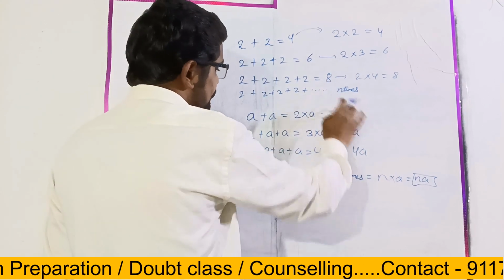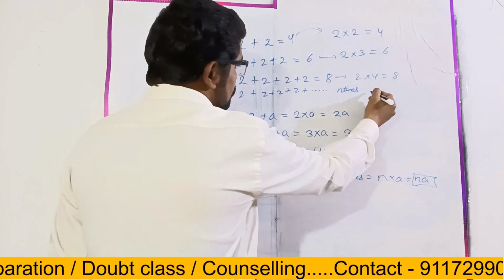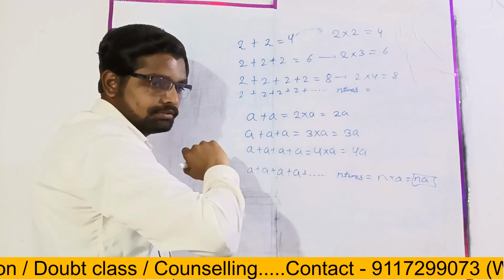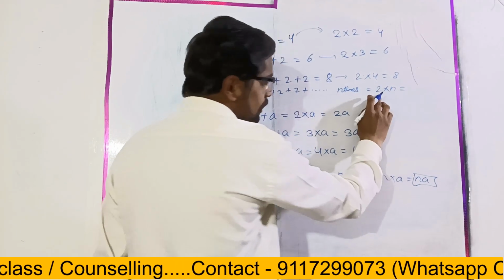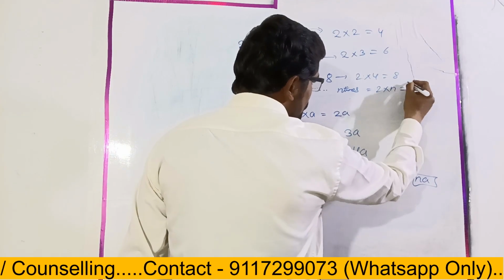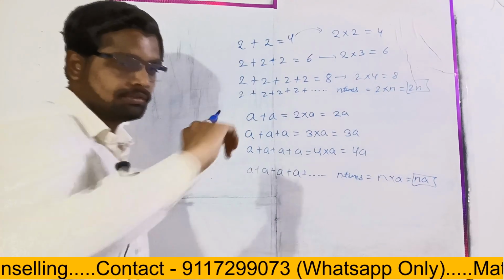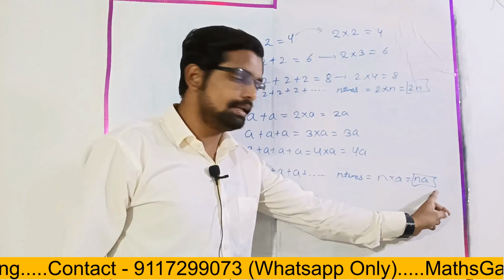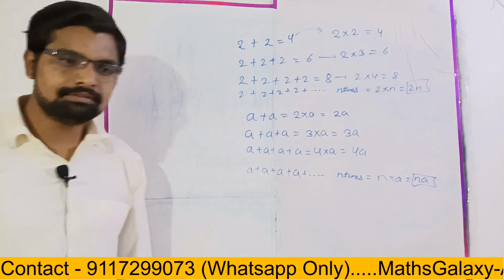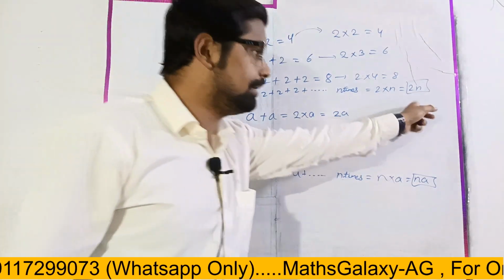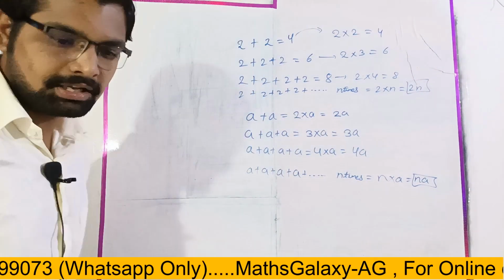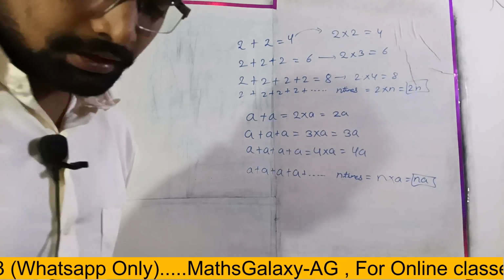Then what can we write? 2 into n, so it will be 2n. Similarly here, na or an, both will be the same. Is it clear? Okay. Now any doubt?